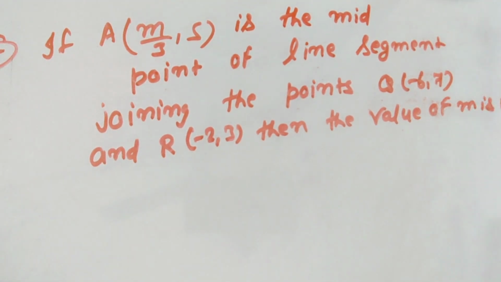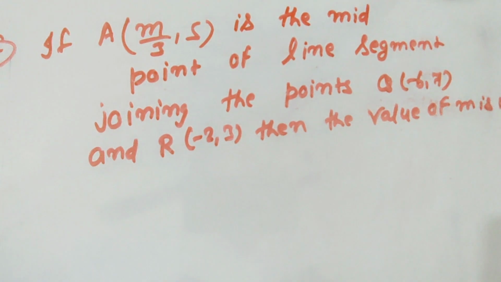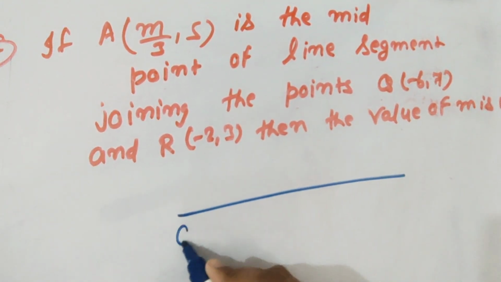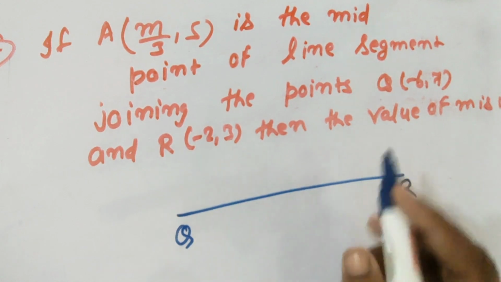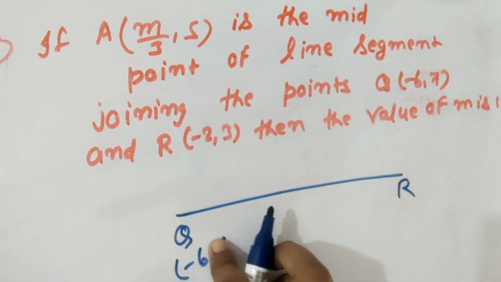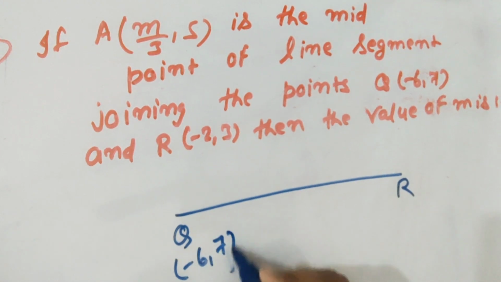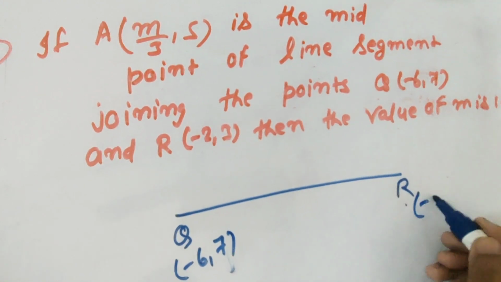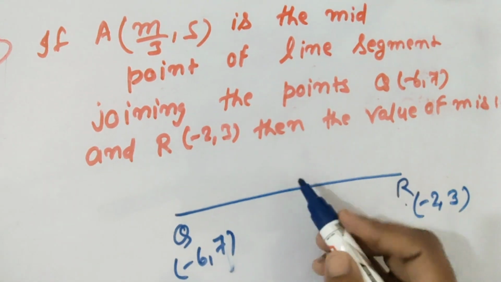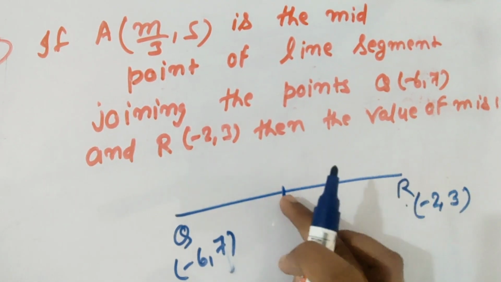First, draw one line. The line is QR. Point Q is given as (-6, 7) and point R is given as (-2, 3). Here, point A is the midpoint.